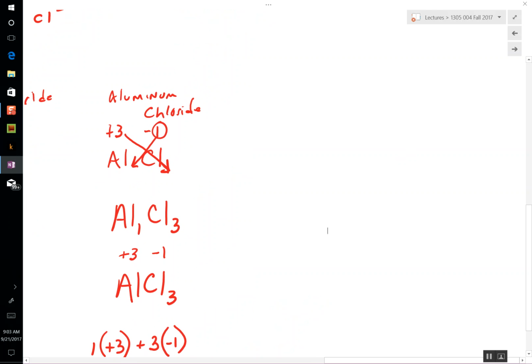Okay, let's see if you're getting this. Try to write the formula of aluminum oxide. Okay, what's the first thing you do?